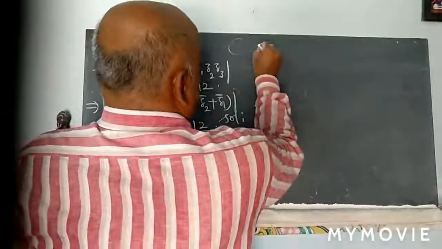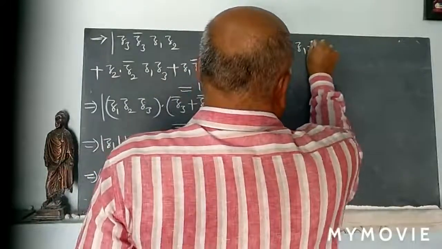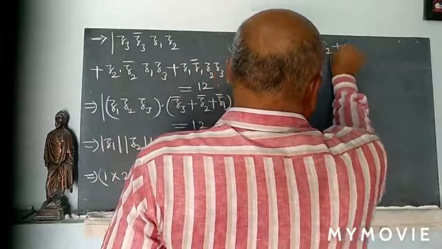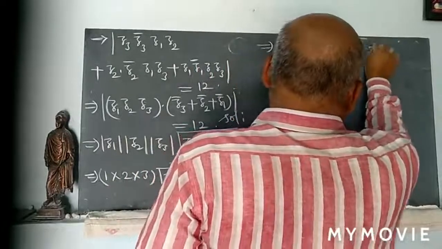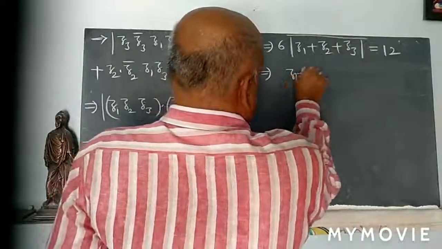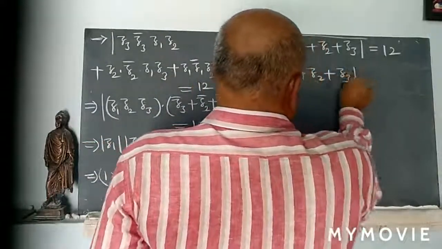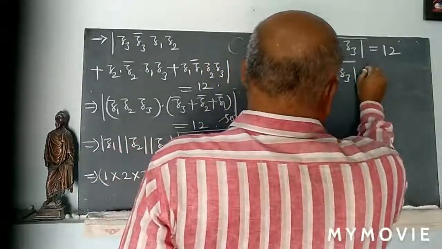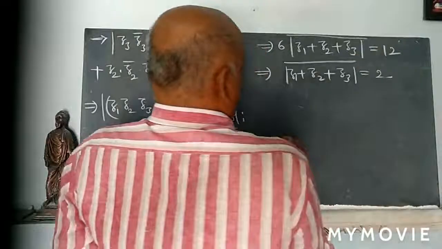So 6 into |(z1 + z2 + z3) bar| is equal to 12. This implies |(z1 + z2 + z3) bar| is equal to 2.